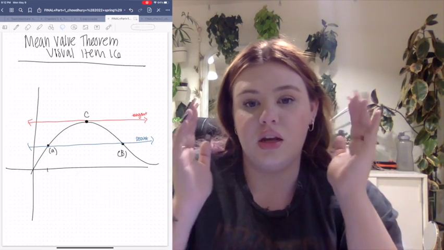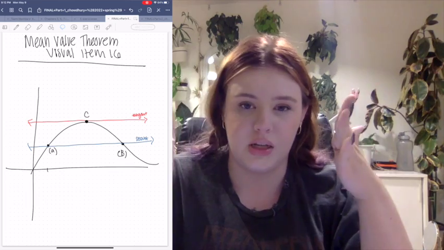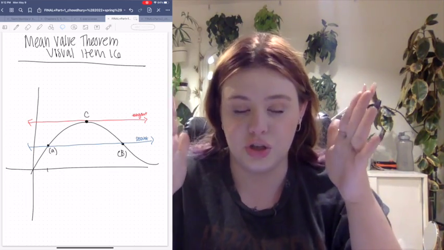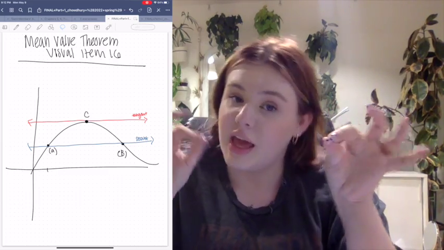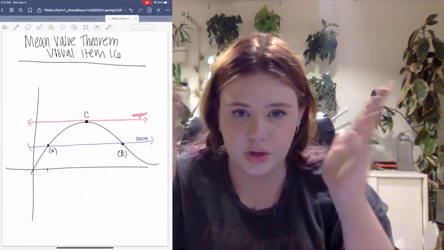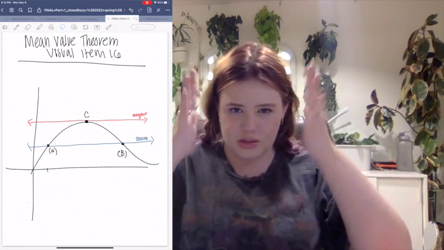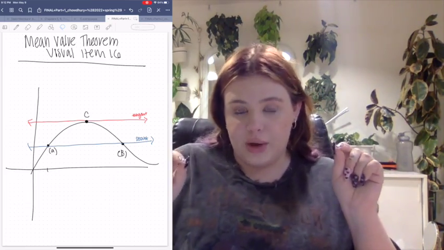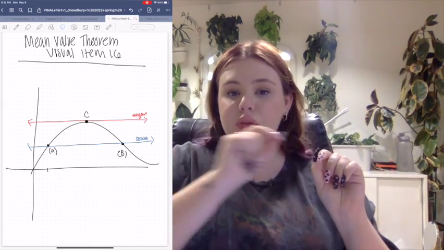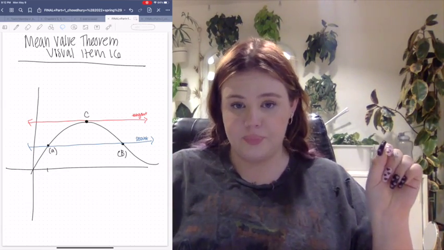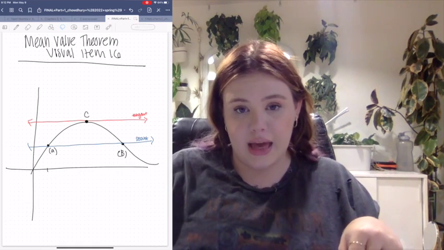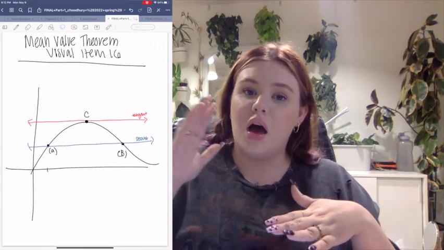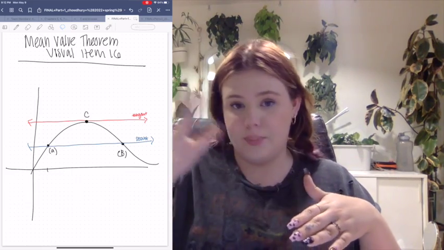And you're given an interval between A and B. Looking at this interval, there are 2 points on the interval, point A and point B. If you have these 2 points on a curve, and you draw a secant line between them, the slope of that secant line will be equal to the slope of a tangent line at a point somewhere in between A and B.